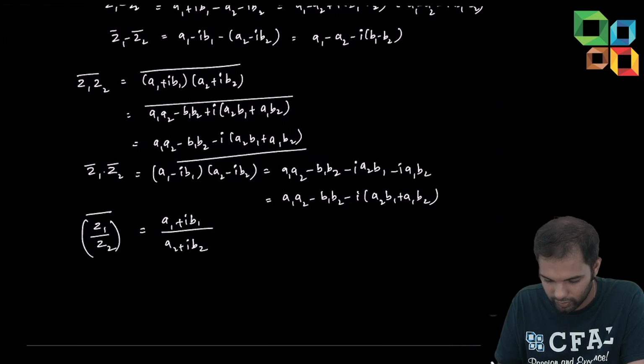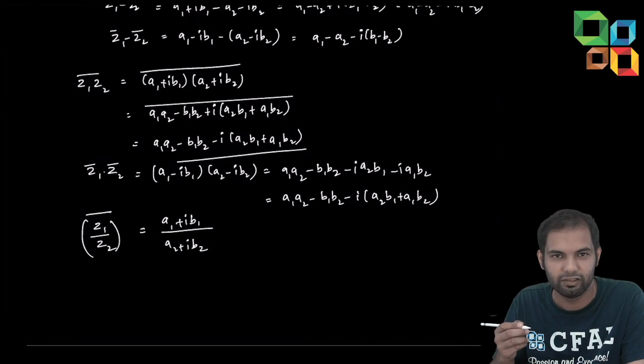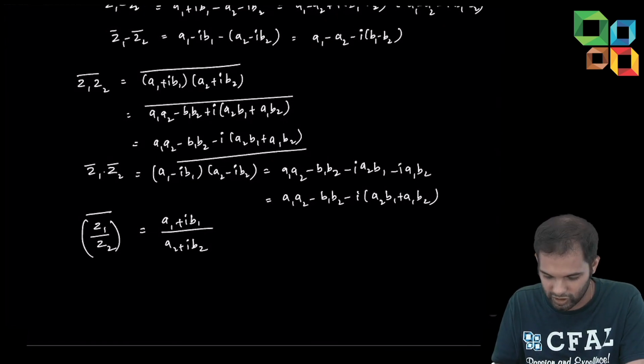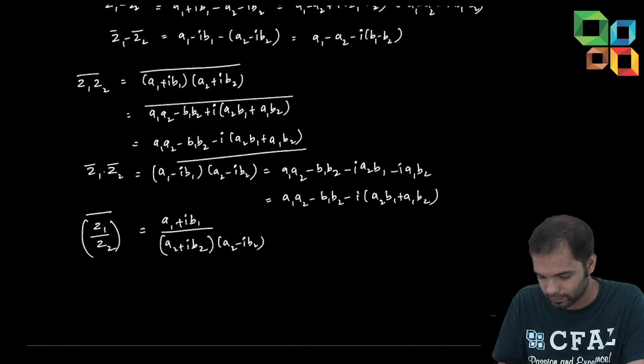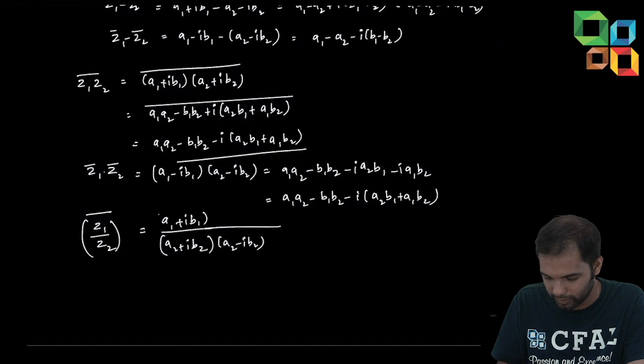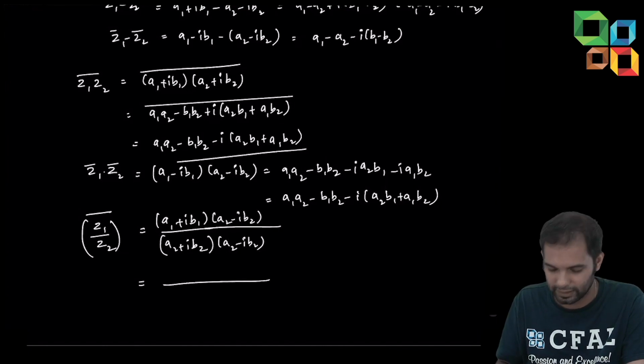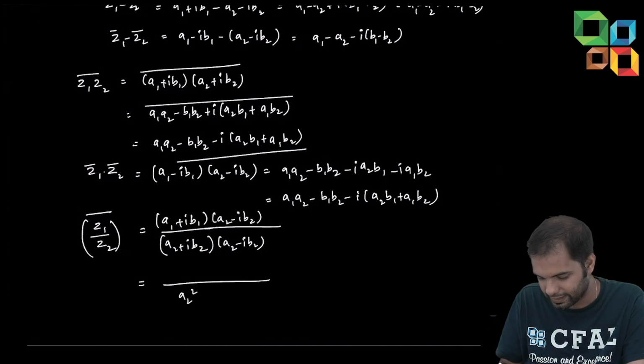Right? So we know whenever there's division, what we do is multiply with the conjugate again. So we multiply with the conjugate of the denominator, A2 minus iB2, in the numerator as well. The denominator is a constant, so I could simply write it as K, but let us leave it as it is: A2 square plus B2 square.